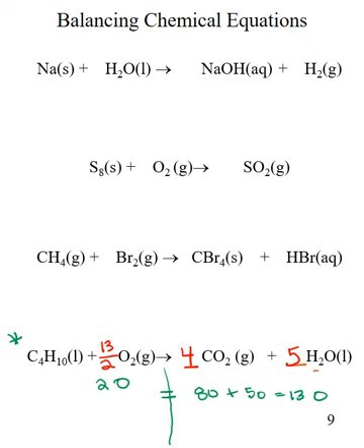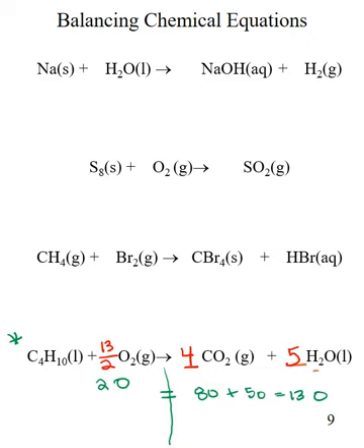Now, let me go back. If I go back through and I balance everything, everything else is balanced, right? I have 4 carbons on the left, 4 carbons on the right, 10 hydrogens on the left, 10 on the right, and then my oxygens. That's the only problem because I have a fraction. So because everything is balanced, I'm going to go through and get rid of that fraction.